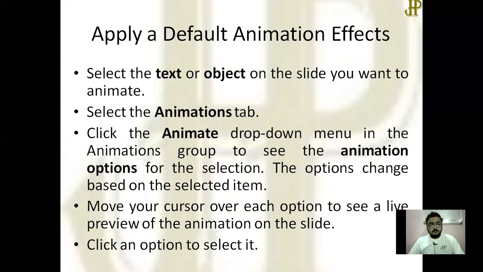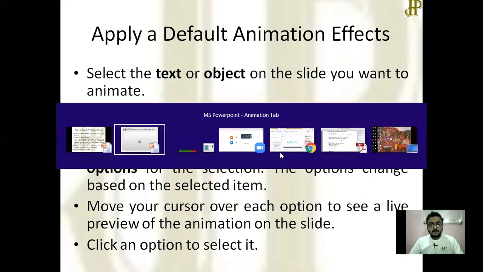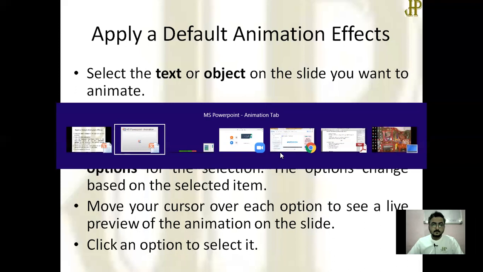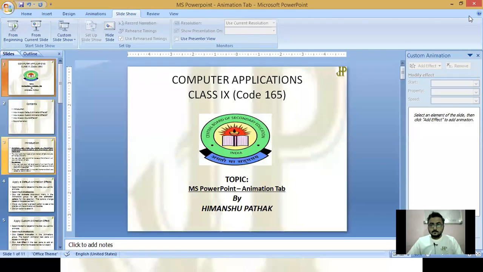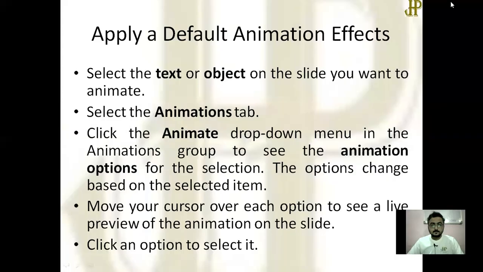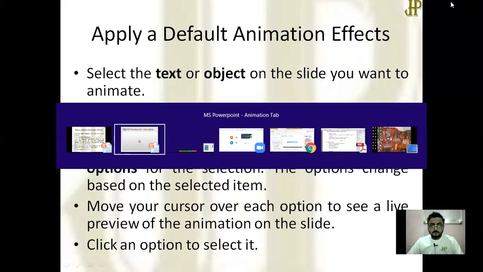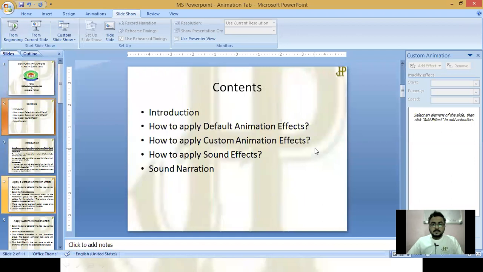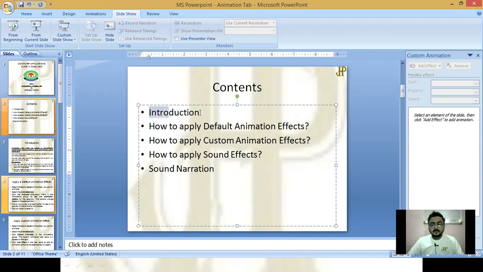Okay, so I am going to give you the practical approach. How to do this? Here, if I say these are the contents and I want to apply a default animation effect, what is to be done? First of all, select the text. After that, go to the Animation tab.